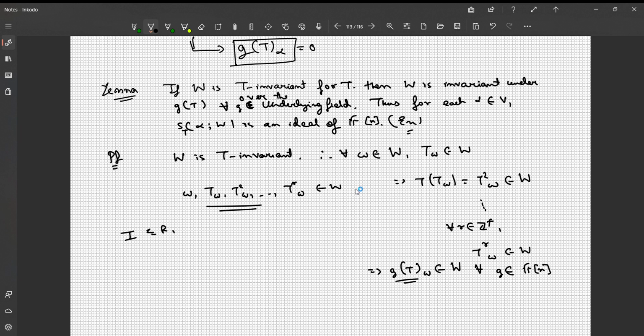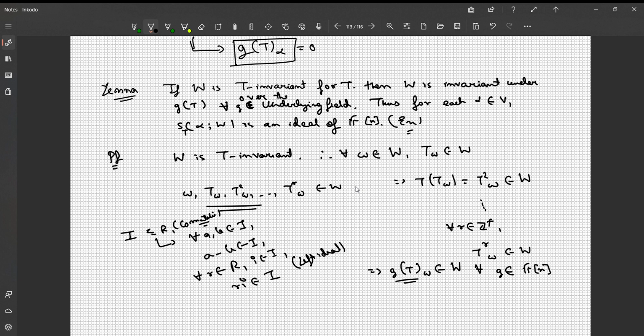What you need to check is, if you remember, that if you have a subset I of some ring R, then it forms an ideal if for all a, b in I, a minus b is in I, and for all elements r from the ring R and i from I, ri must be in I. This is indeed the definition of what we call a left ideal, but to ensure that there is no confusion, we can take the ring to be a commutative ring.